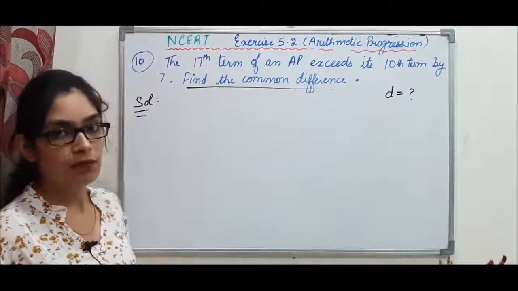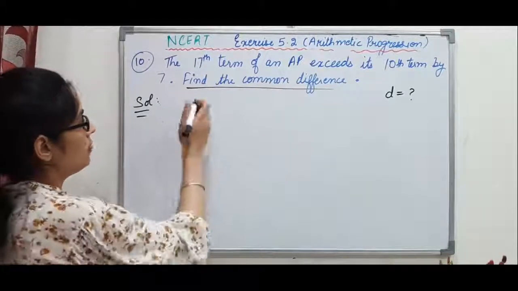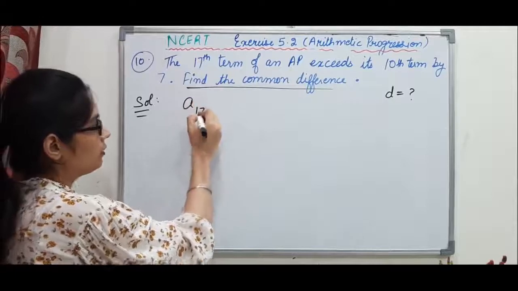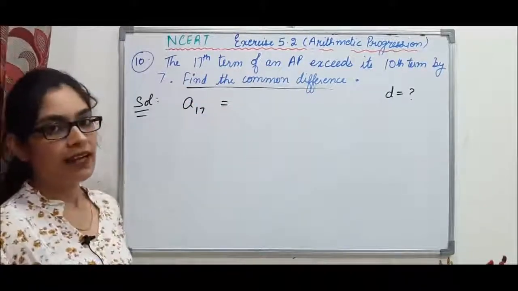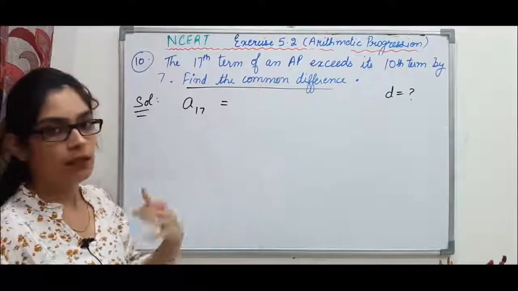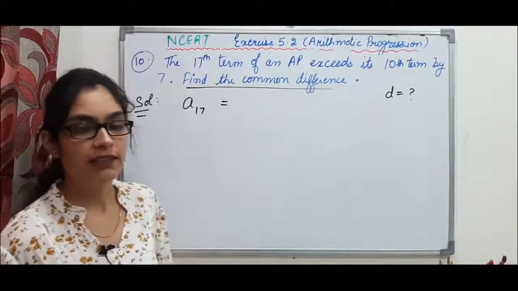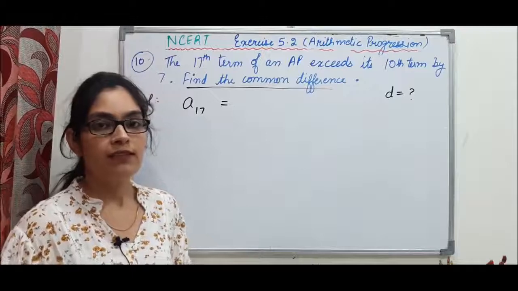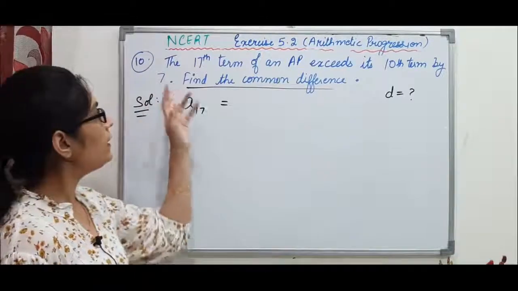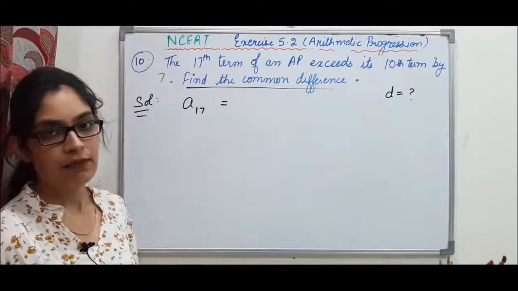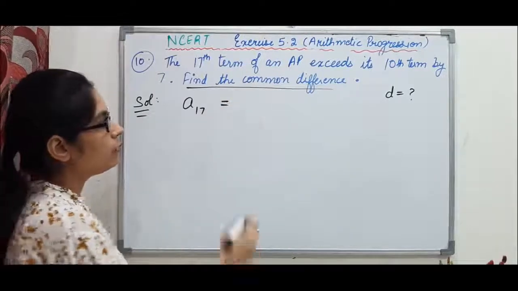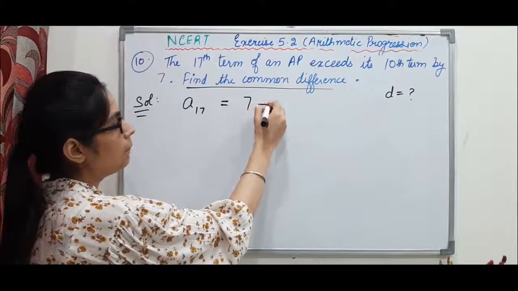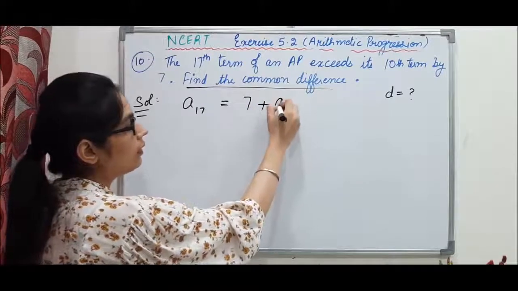From this line we will make one equation. So, 17th term they are saying, we can write equals to, here it is not mentioned, but if we understand what they are saying, 17th term is exceeding the 10th term by 7. So, I'll just write A17 is equal to 7 plus A10.